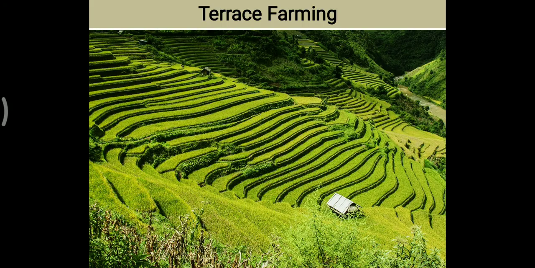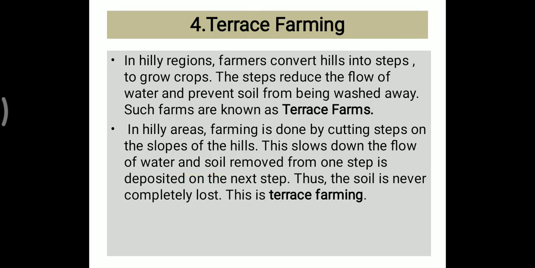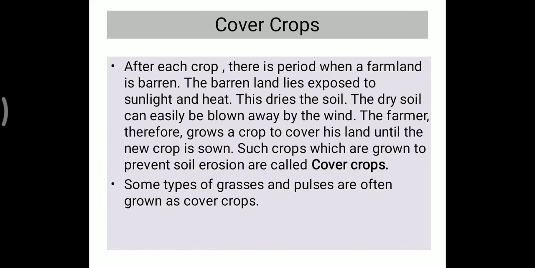So to prevent this, what should we do? We should grow some small plants, some grasses or pulses, so the field will not convert into barren land. And these crops which are grown to prevent soil erosion are known as cover crops. So we can grow grasses and pulses to protect the soil of the farmland.